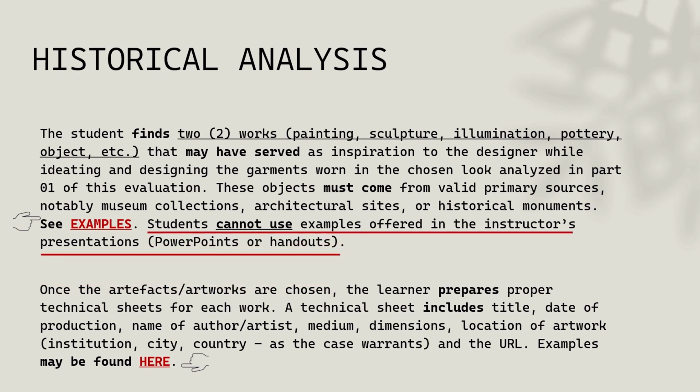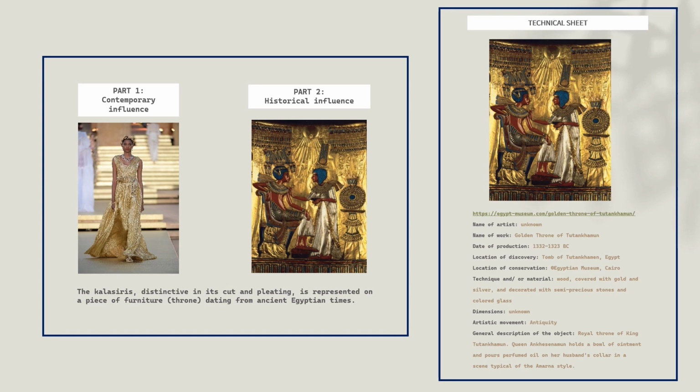Here's an example. I have this dress here that would have been the contemporary look that I found, say, out of one of the 3 videos. And I select this particular artwork, which is actually part of a throne.